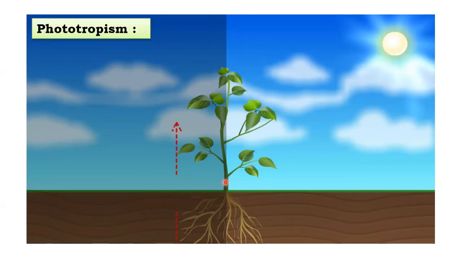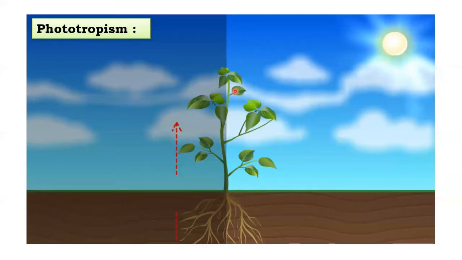You might know that plants tend to bend towards the source of light. Why is it so? Because plants require sunlight for their photosynthesis, right? And unless they get sunlight, photosynthesis cannot be carried out. So the plant bends towards the place where light is available in abundance, right?